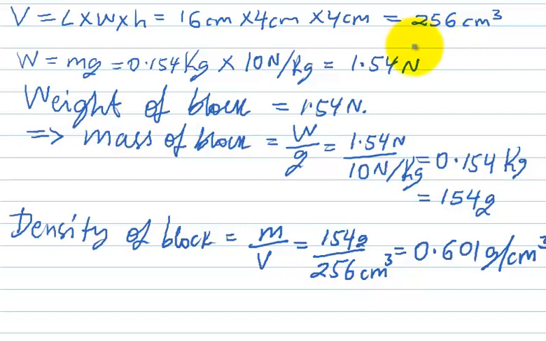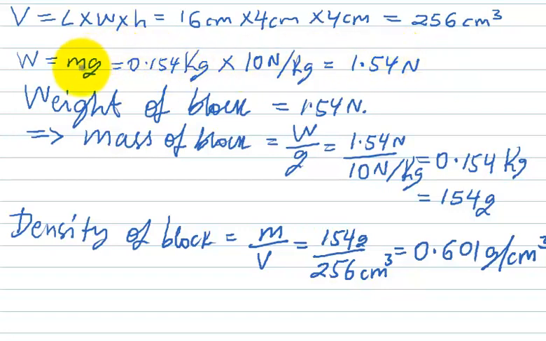This comes from the fact that the block is floating. We immediately recall the law of flotation, which states that if a body is floating in a fluid, in this case a liquid, then the weight of the liquid displaced will be equal to its own weight in air. Now we are given the mass of the liquid displaced, which is 154 grams.